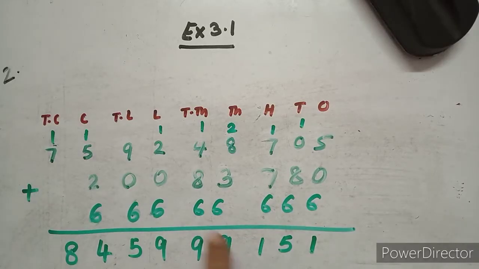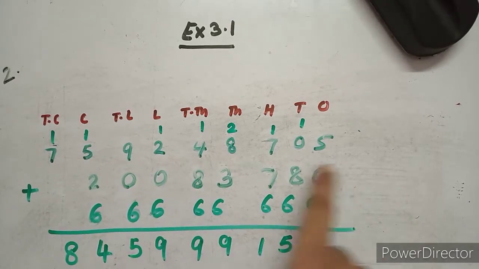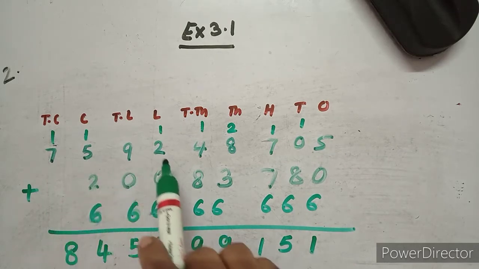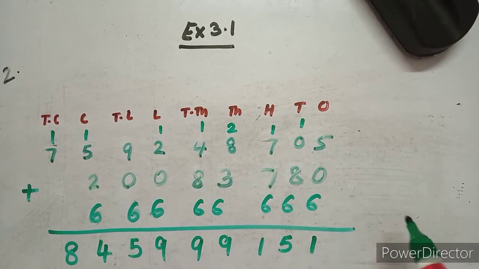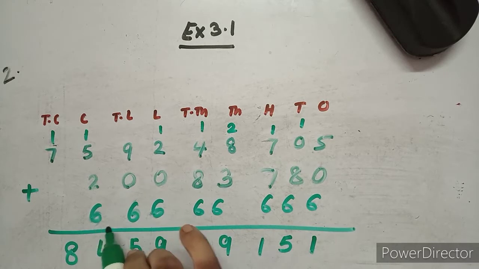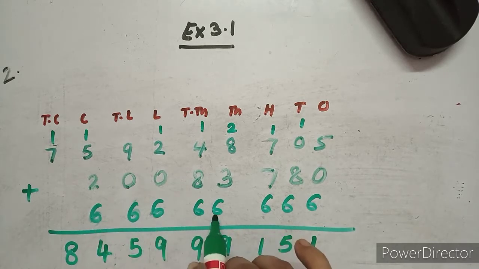Now see, I have written the numbers according to its places. So your first number was 75 crore 92 lakhs 48,705. Your second number was 2 crore 83,780, and your third number was 6 crore 66 lakh 66,666.